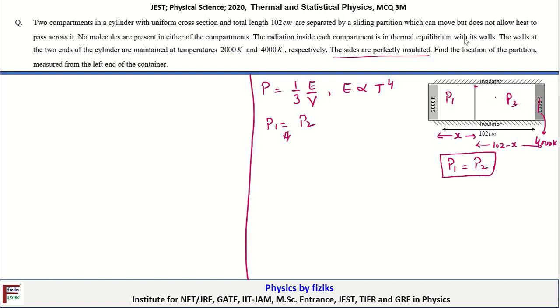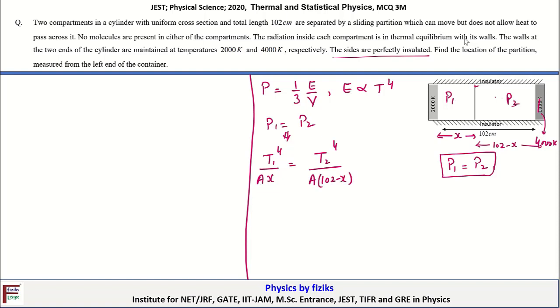T1 to the power 4 divided by the volume V1, which is the cross-sectional area multiplied by the length x, is equal to T2 to the power 4 divided by the cross-sectional area multiplied by 102 minus x, which gives the volume.